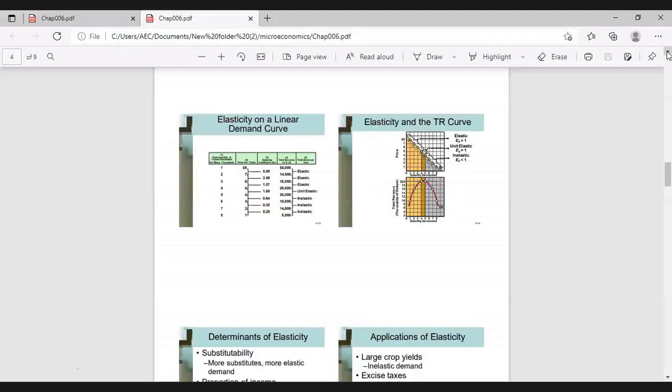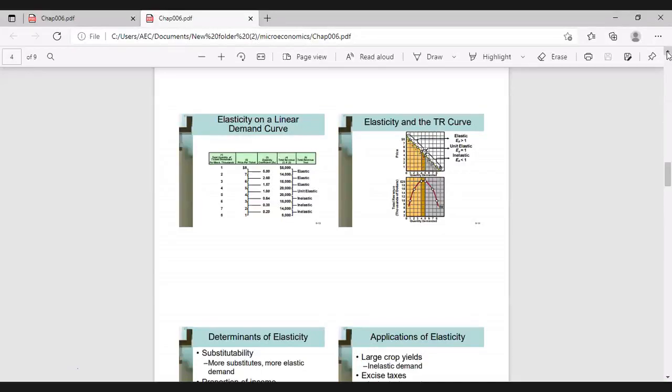So in the same demand curve, the lower bottom right portion has inelastic demand. If we show it mathematically, the coefficient formula is percentage change in quantity divided by percentage change in price.